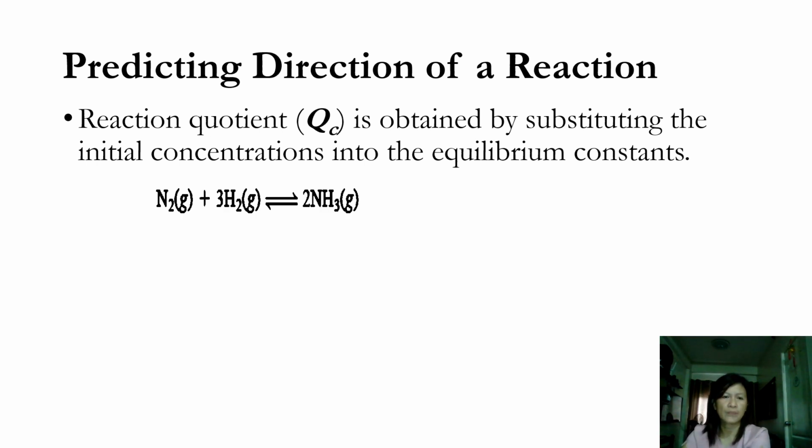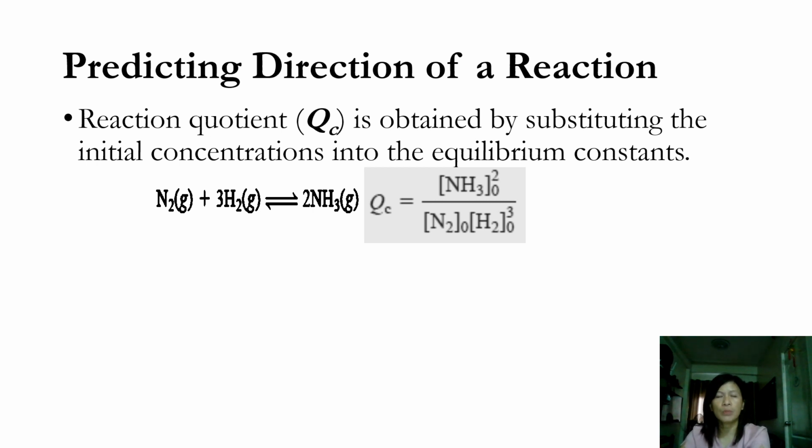Let's have this reaction: 1 mole of nitrogen gas reacting with 3 moles of hydrogen gas producing 2 moles of ammonia. So if we are to write its equilibrium constant expression, since all the substances are gaseous, instead of using the equation K equals the concentrations of the product ammonia divided by the concentrations of the reactants hydrogen and nitrogen raised to their exponents, we shall be using the alternative equation for homogeneous reactions.